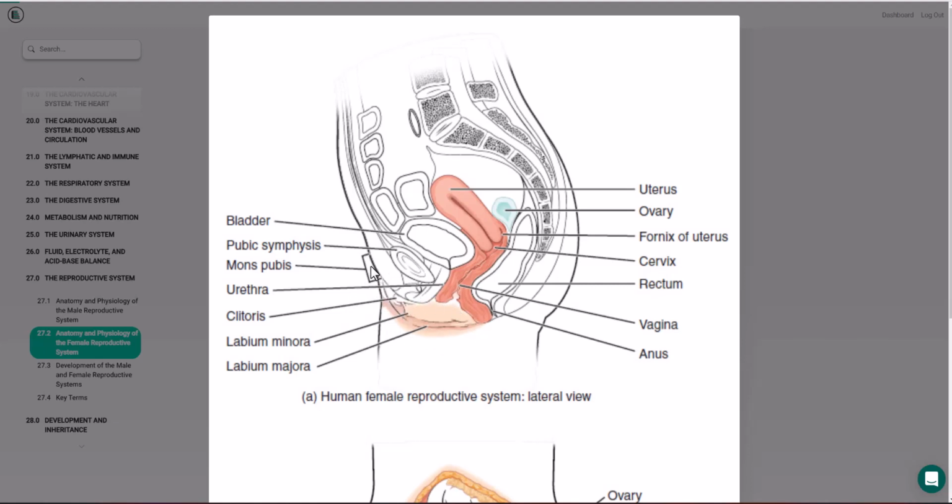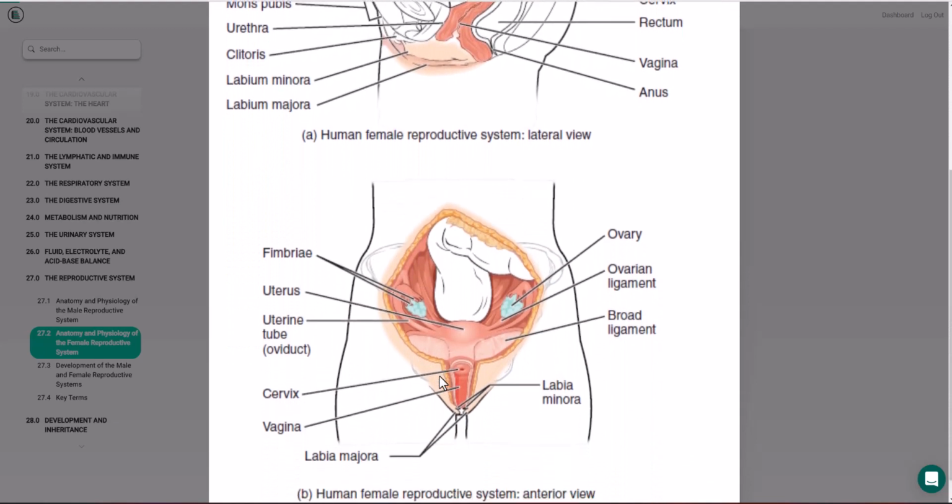The mons pubis is the fatty layer right anterior to the pubic symphysis. And then you have the clitoris, and then the labia, both the minor and the major. You'll see labium, labia, minora, and minor and major. Don't get too caught up on the Latin versus English variations on that.